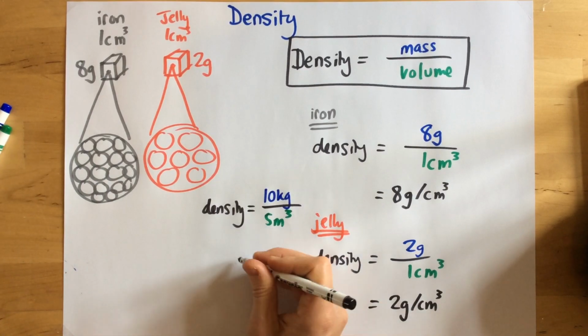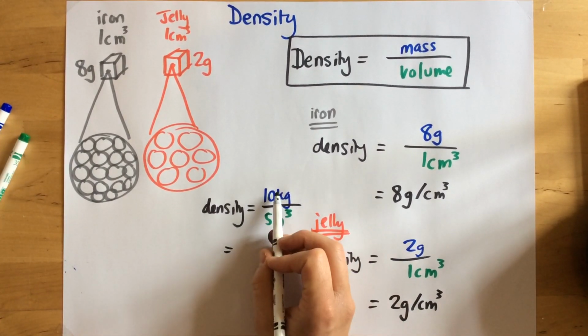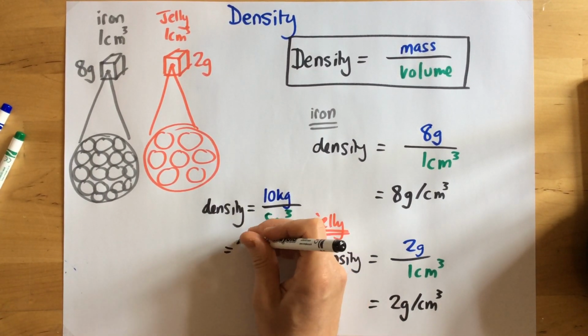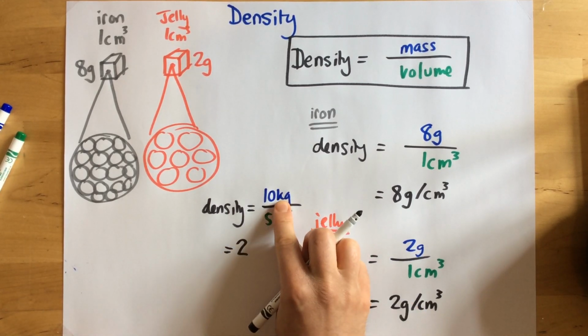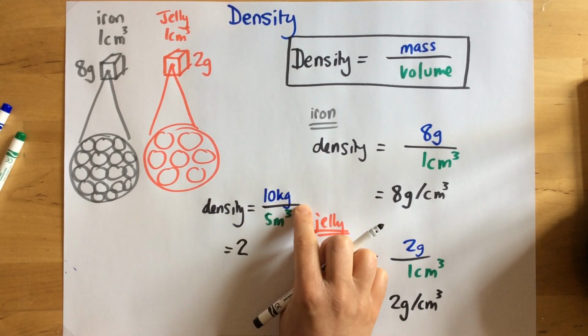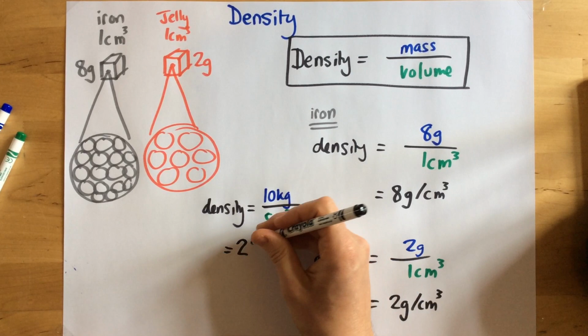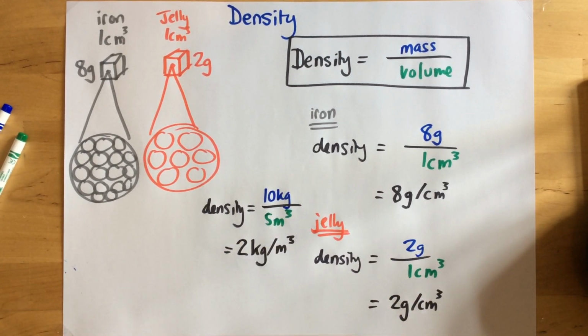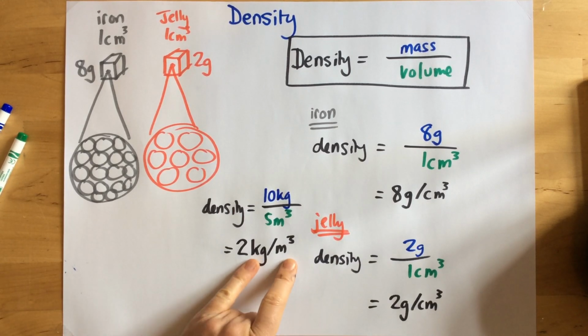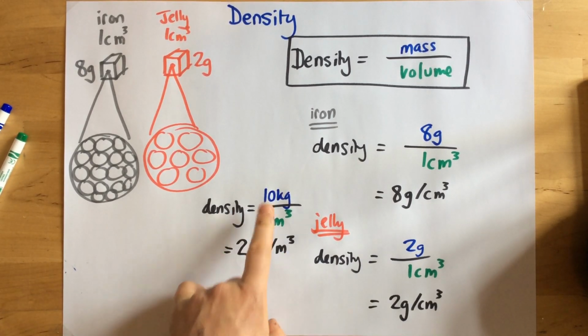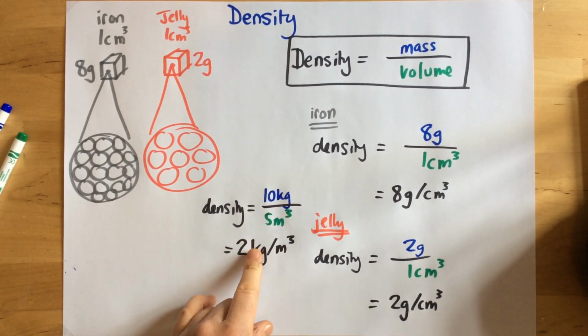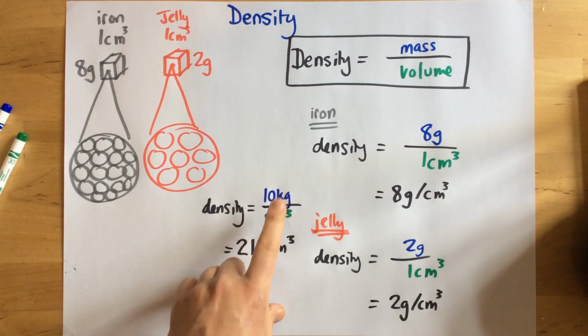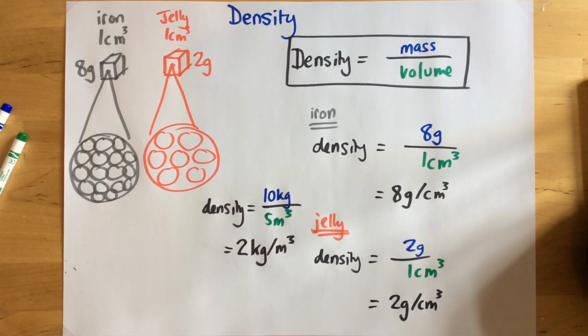Now, in order to find the units for density for this one, again, we do mass divided by volume, so 10 divided by 5 is 2. But to find the units, this time it's kilograms per metre cubed. So we're going to write it like this. To find the units for density, it's always mass per volume, so we need to look carefully at which units we're dealing with here.